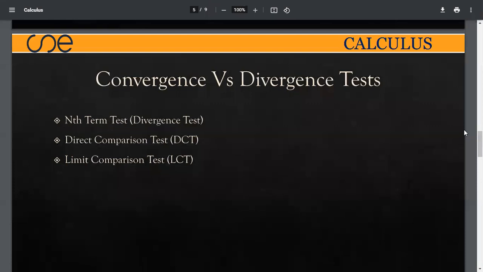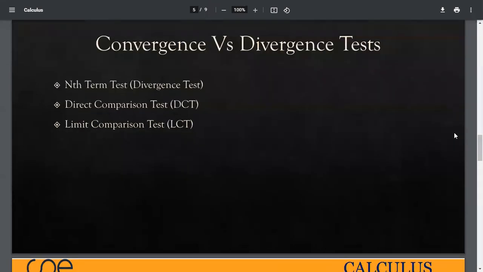So we've discussed before that an improper integral could converge and could diverge depending on the behavior of this function.